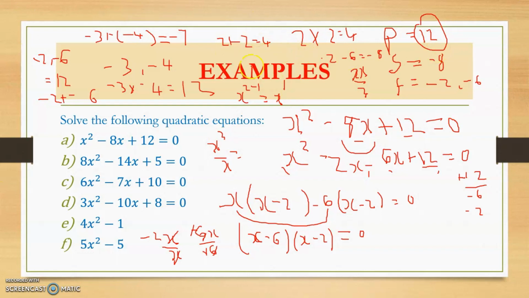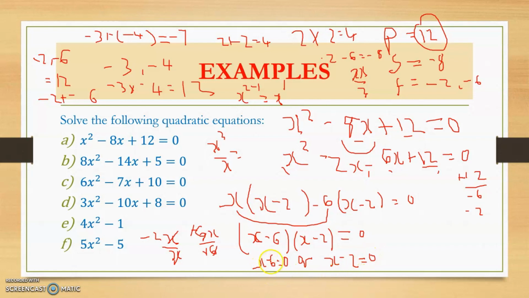Okay, there it is. So I'll pick x minus 6, then equate it to 0. Remember, a quadratic equation has two answers, and those answers or solutions are called the roots. x minus 2 is equal to 0.